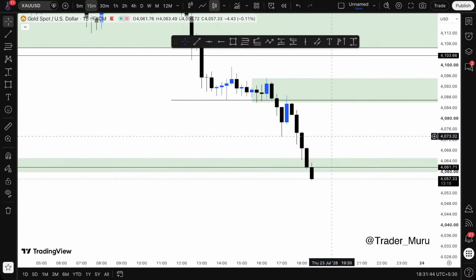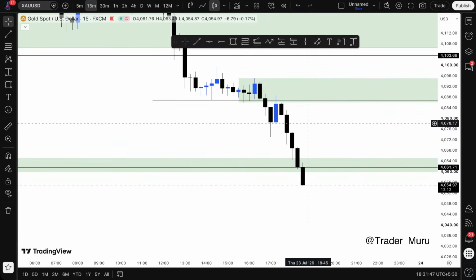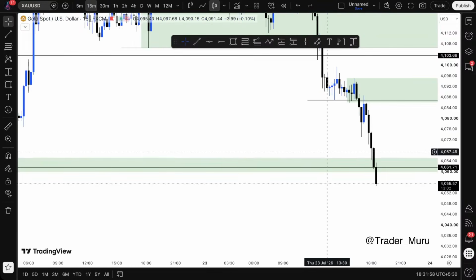How much drop after the news candle? Look at this. Nearly 200 pips. It is still dropping.